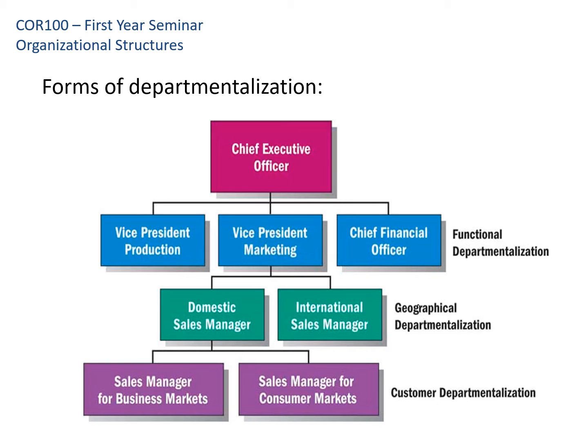One thing I also want to mention here is span of control. So this is a fairly small organizational chart. It's just an example, of course, but you can see that the CEO has 3 people working for him or her. The VP of marketing has 2 people. The domestic sales manager has 2 people in terms of direct reports.